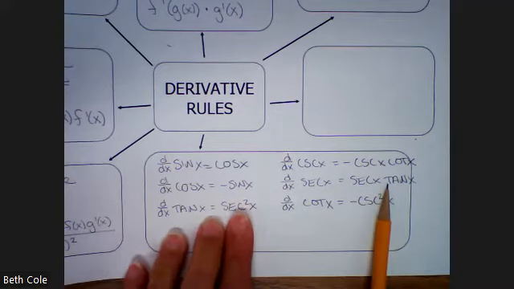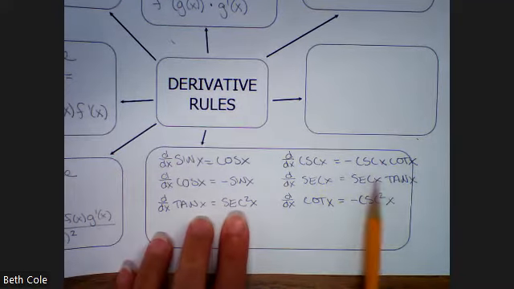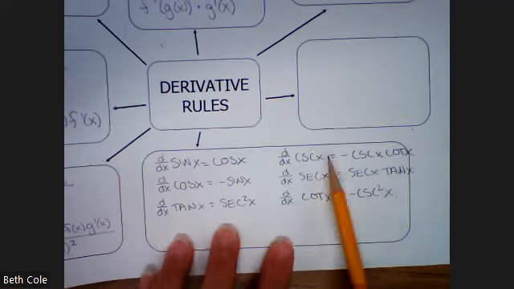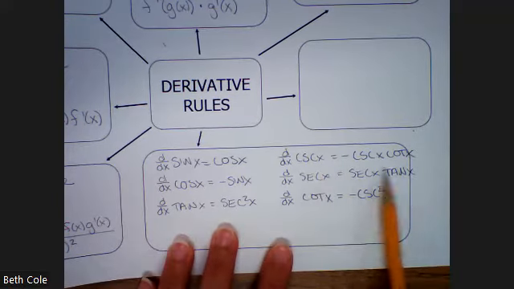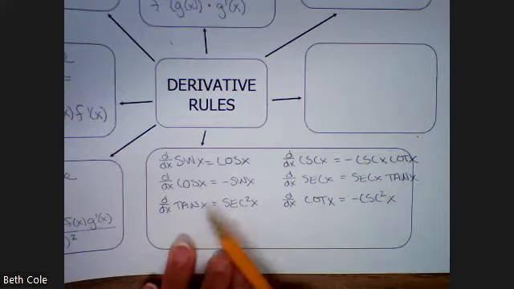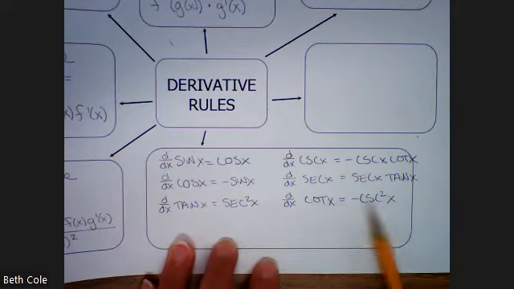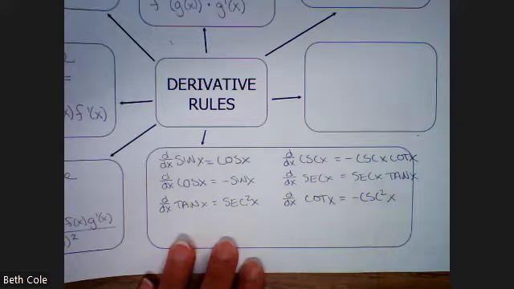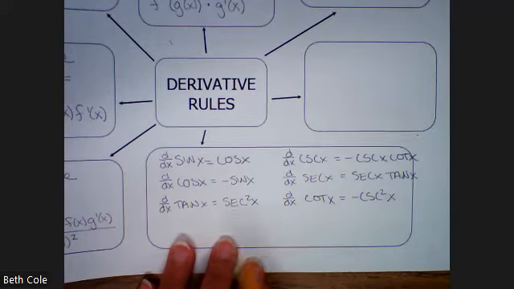Tangent is secant squared, secant is secant tangent. And do you see how cosecant and cotangent go together? They go together in the same manner. Tangent is secant squared. Cotangent is negative cosecant squared. Secant is secant tangent. It's in the same manner. The co ones are the negatives. All the co ones get a negative. So if it's a co, it gets a negative.